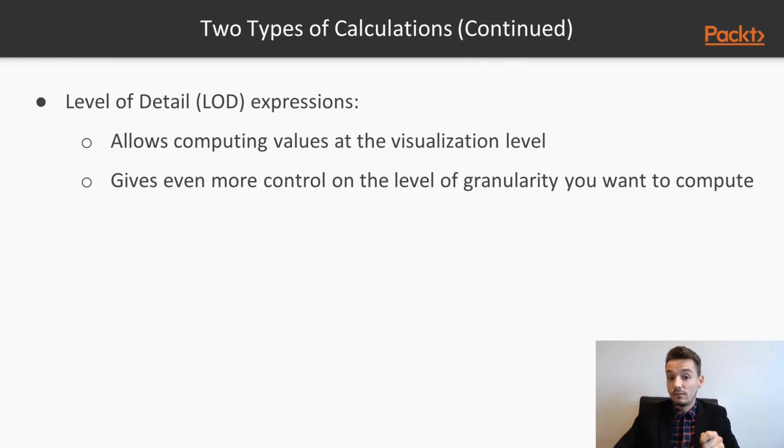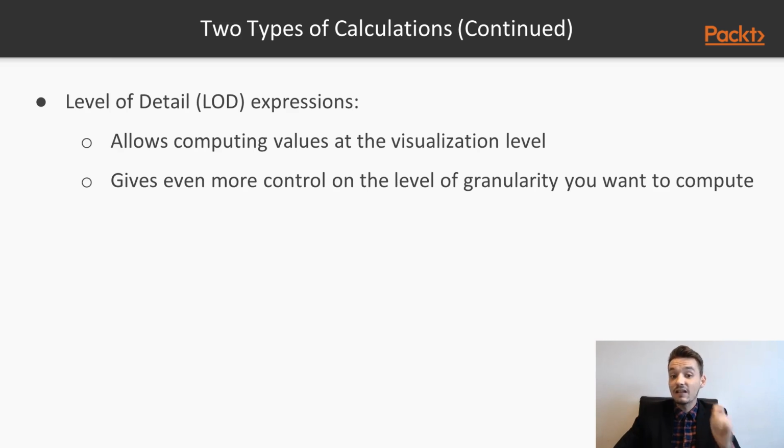Level of detail, LOD expressions. Just like basic calculations, LOD calculations allow you to compute values at the visualization level. However, LOD calculations give you even more control on the level of granularity you want to compute. But we will see them in detail in the next section.